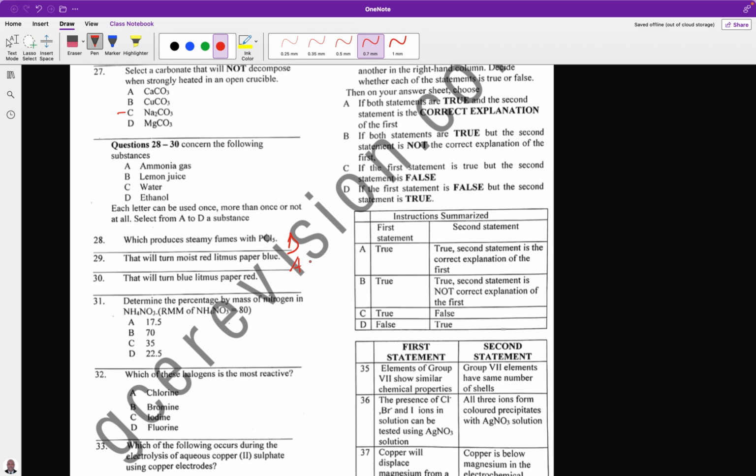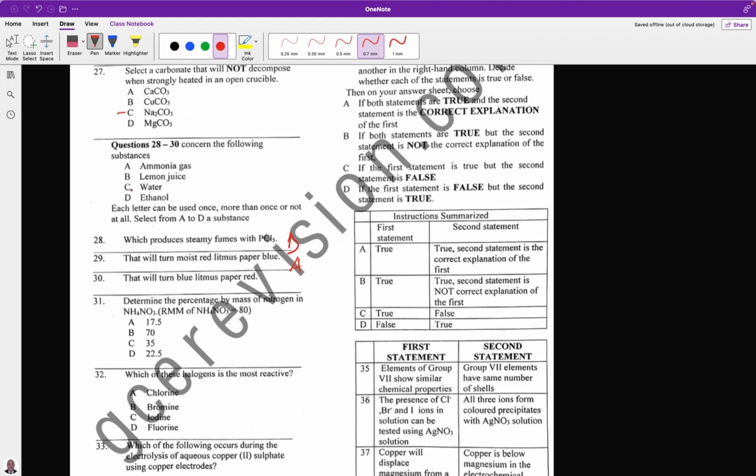Now let's go to question number 30. Select a substance A to D that will turn blue litmus paper red. Anything here which is acidic will turn blue litmus paper red. It is not ethanol, it is not water, it is not ammonia.